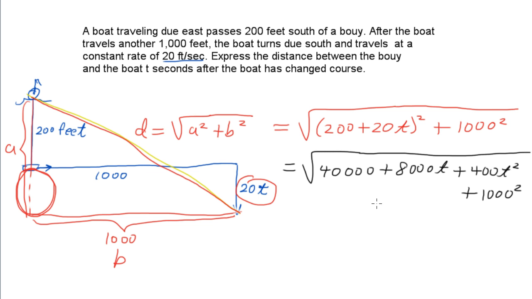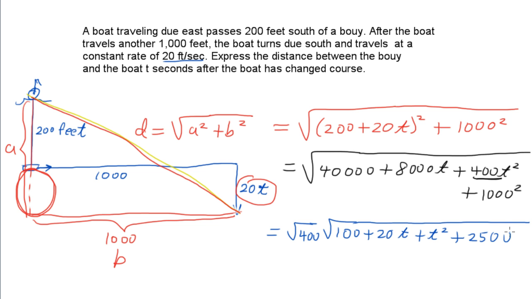Okay. At this point, we can factor out 400. And I'm going to factor out the square root of 400. So we have the square root of 400 times the square root of 100 plus 20t plus t squared plus 2,500, square root of all of that, and the square root of 400 now is just 20.